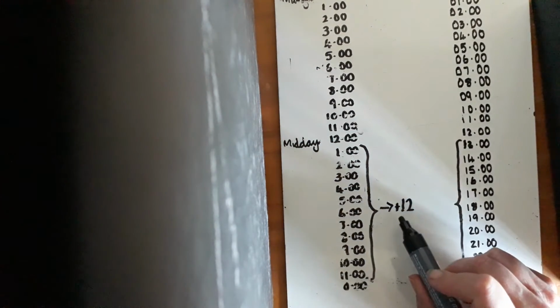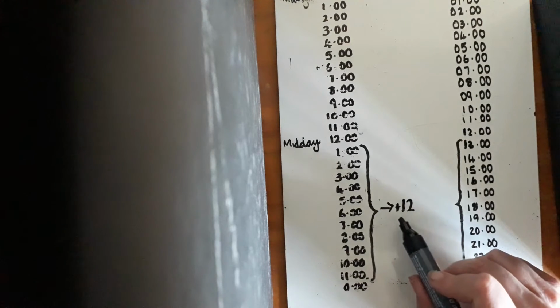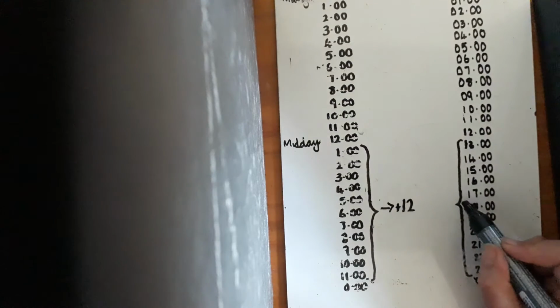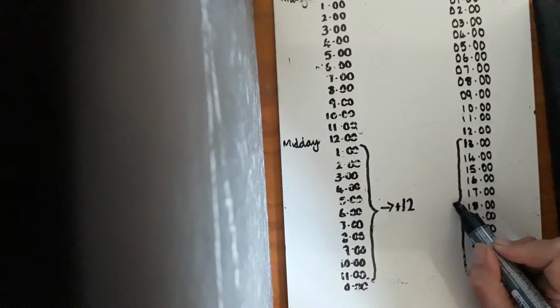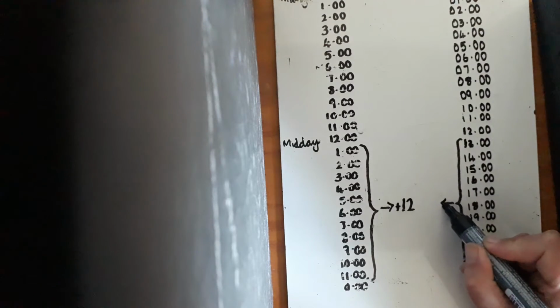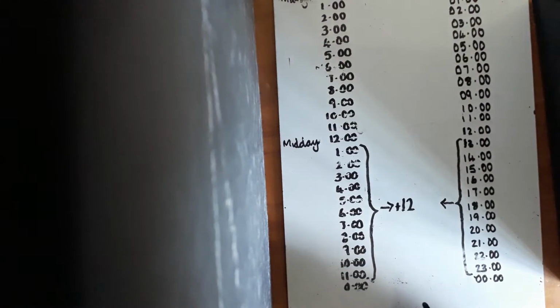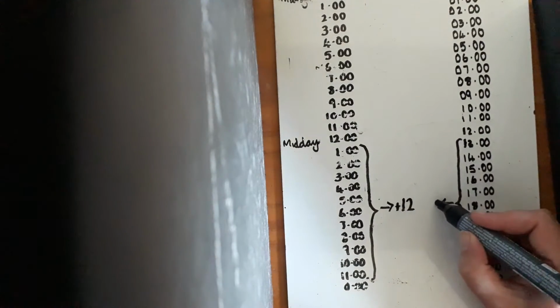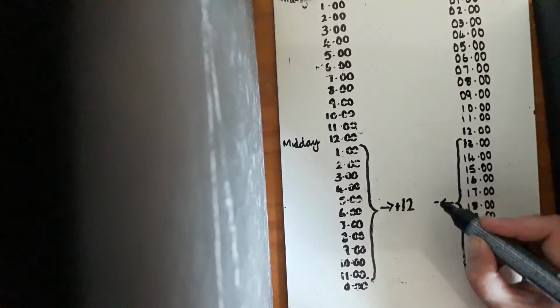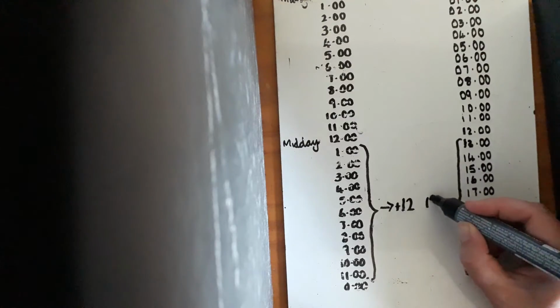All right, and as we know the inverse of addition, if we want to convert 24-hour time back into 12-hour time, into AM and PM, we need to subtract the 12.